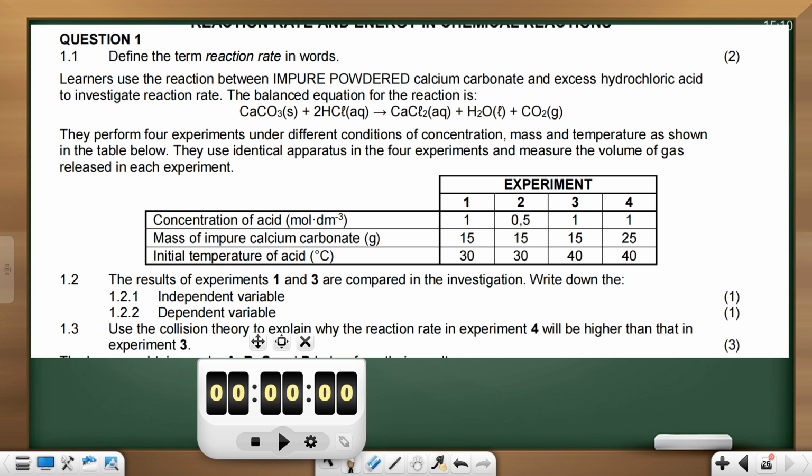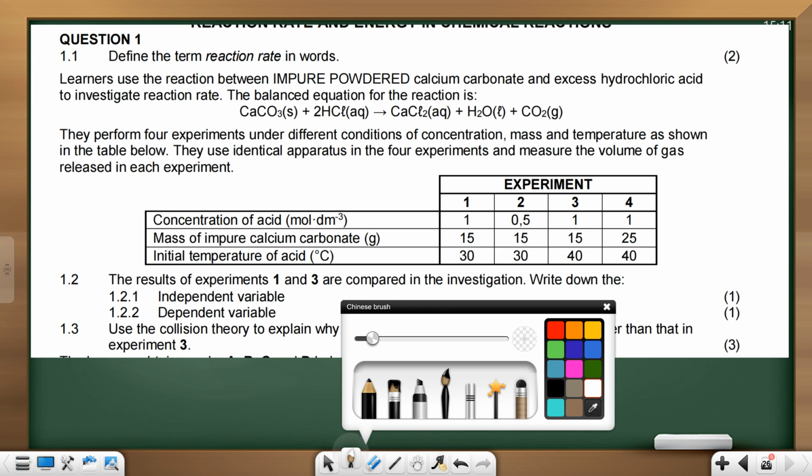It's the change in concentration of reactants or products per unit time. If I say it's the rate of products formed per unit, that is wrong. You cannot use the word rate and unit time. So it's the change in concentration, because we're saying our formula should be what?